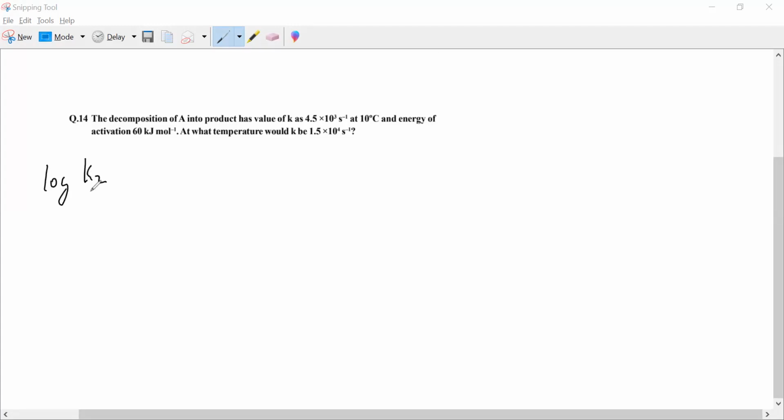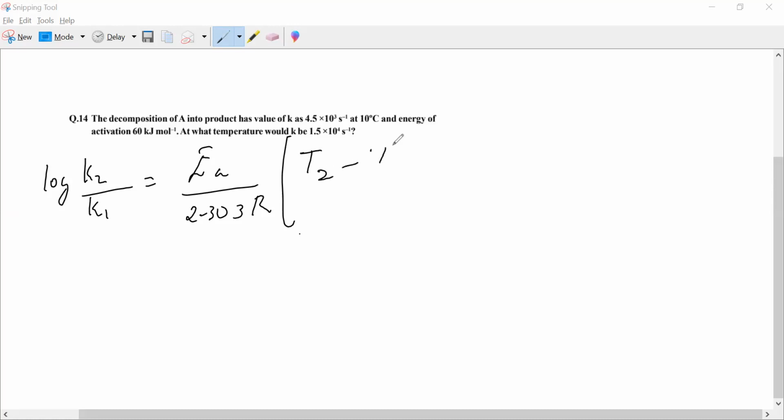Log of K2 by K1 is equal to EA by 2.303 R into 1 by T1 minus 1 by T2, whatever it is. I'll simplify it and write T2 minus T1 by T1 T2. I just took the LCM.